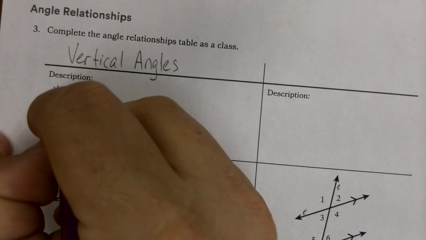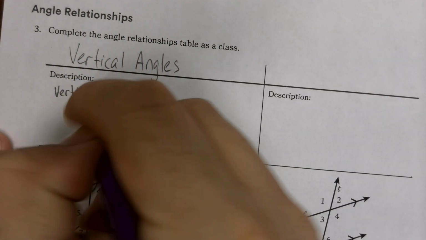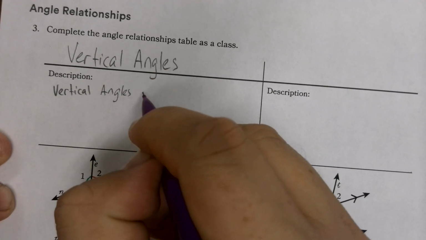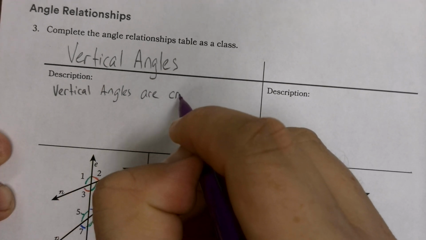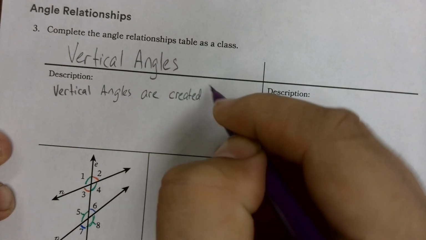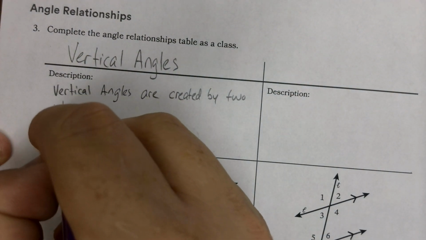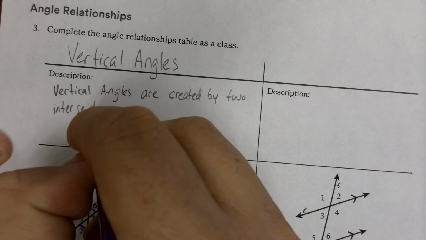Vertical angles are created by two intersecting lines.